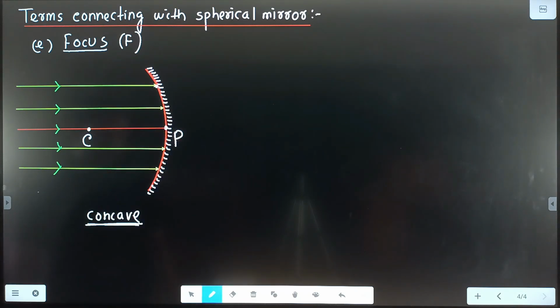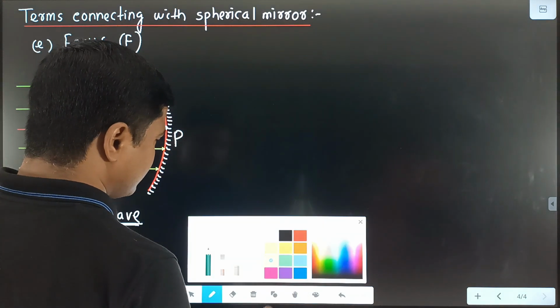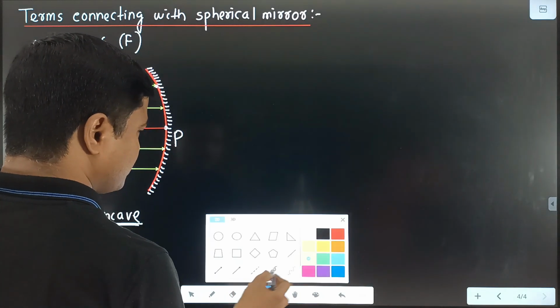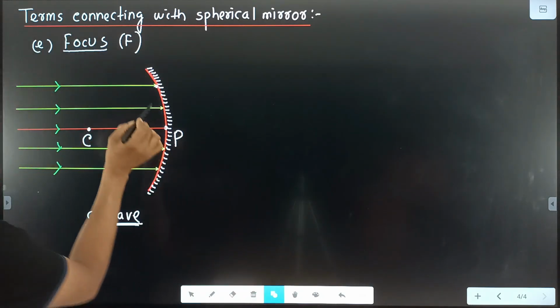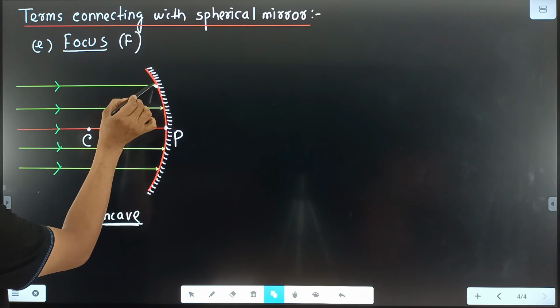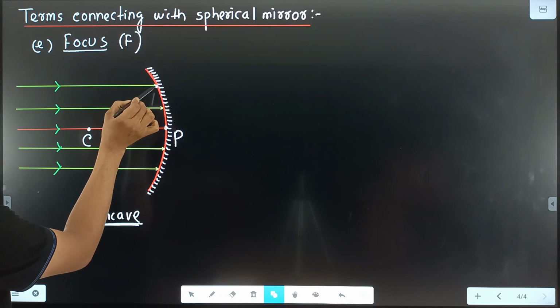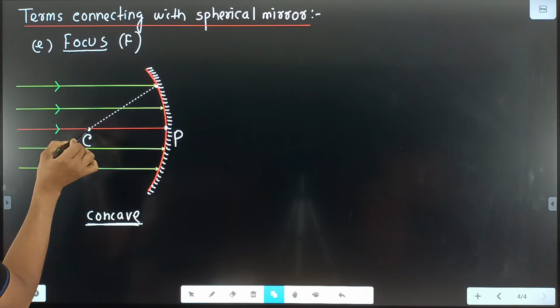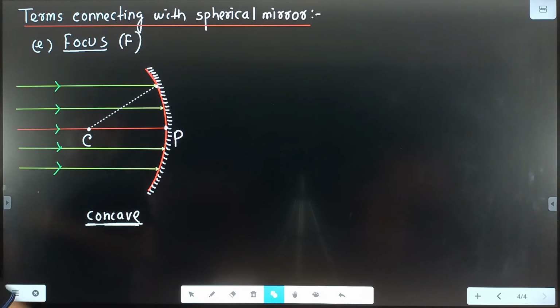Here we apply the laws of reflection. First we draw a perpendicular to this surface, because this is your mirror. This is the point of incidence, and you know this perpendicular passes through the center of curvature.